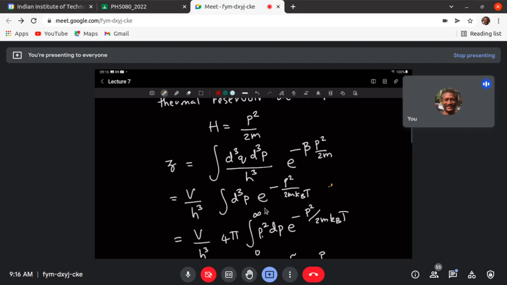I can go to spherical polar coordinates and write it as p square dp times the solid angle d omega. It's spherical polar coordinates in p space, and the omega integration gives you 4 pi, because the integrand is independent of omega, so it's just the angle integration. So that is this 4 pi.